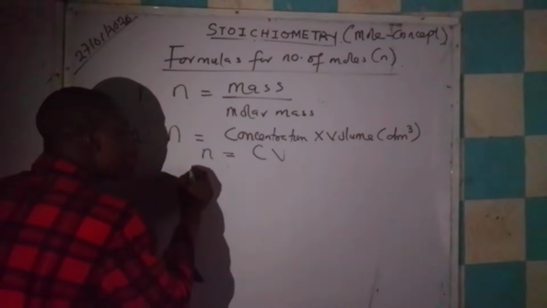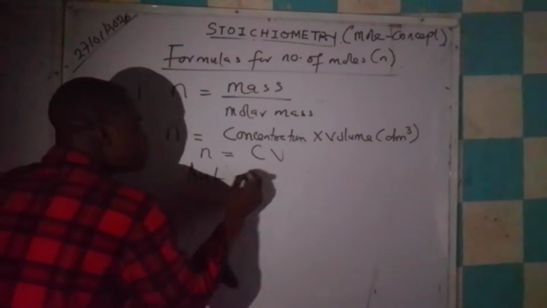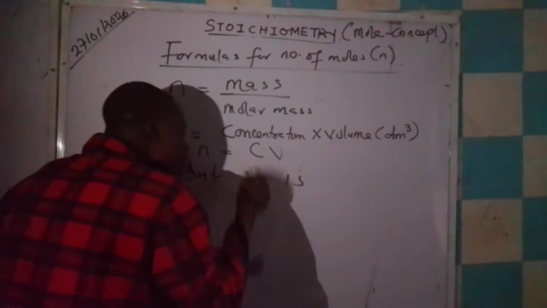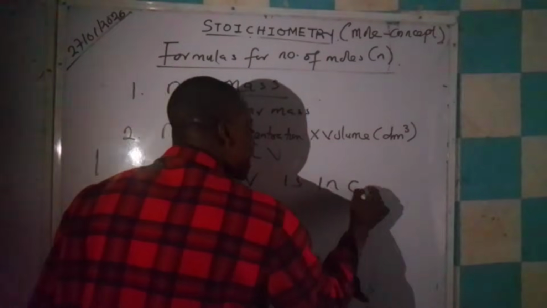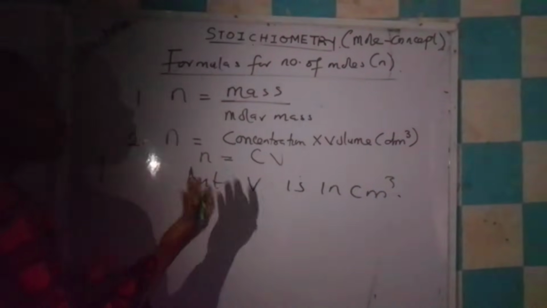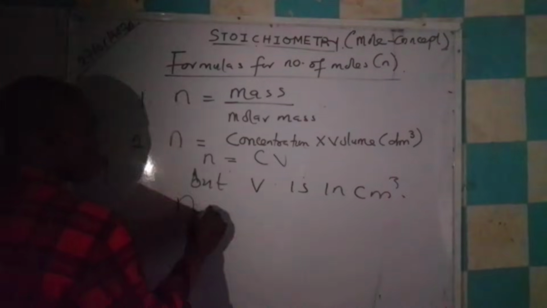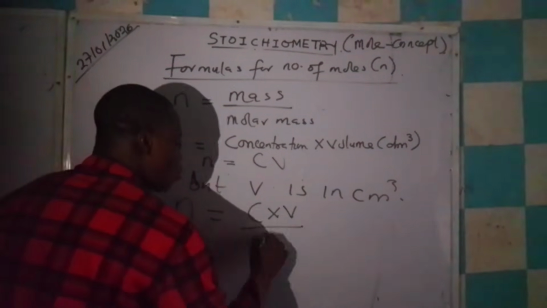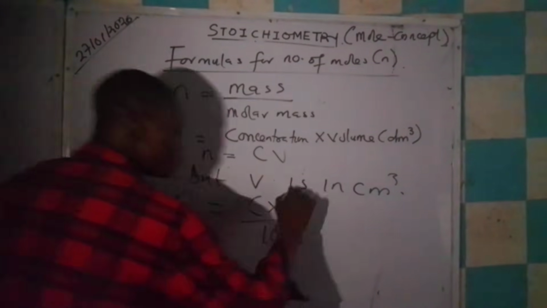But if volume is in cm³, the formula you are using here is number of mole equals concentration times volume over 1,000.